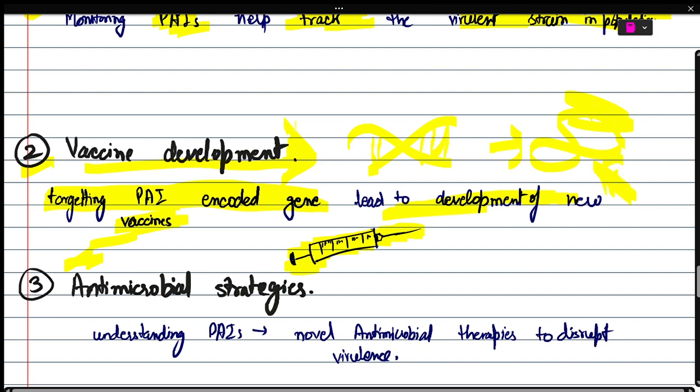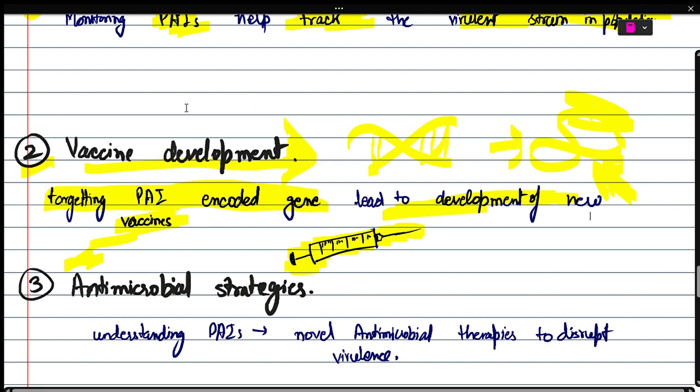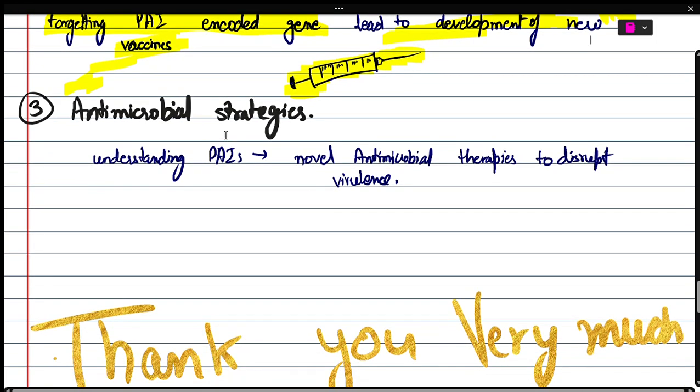This can help develop new kinds of vaccines so that in case of emergency we have some stock with us. That is how vaccines are developed using PAIs.